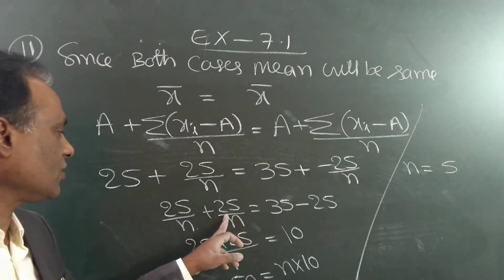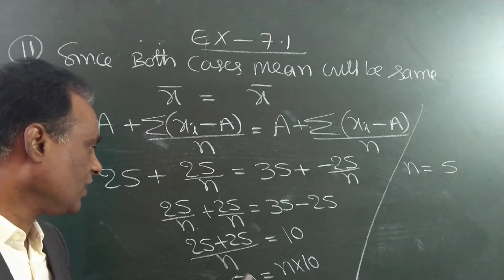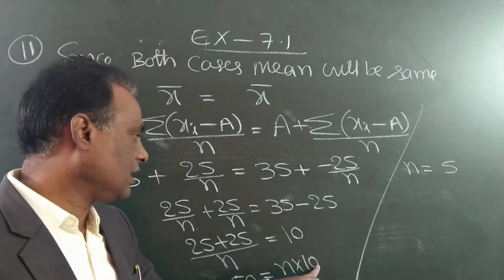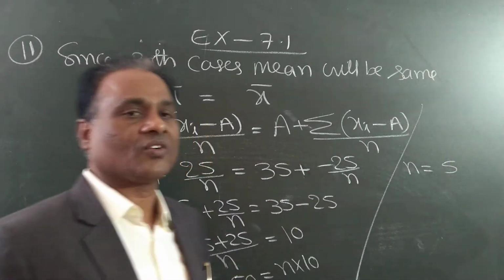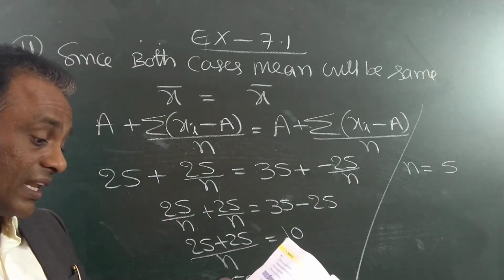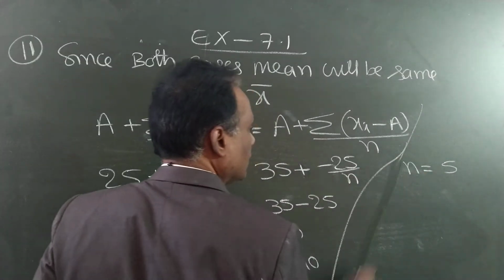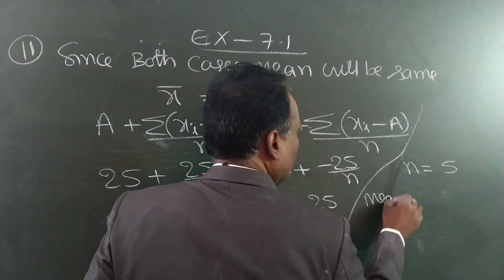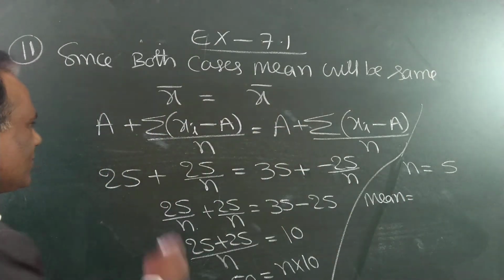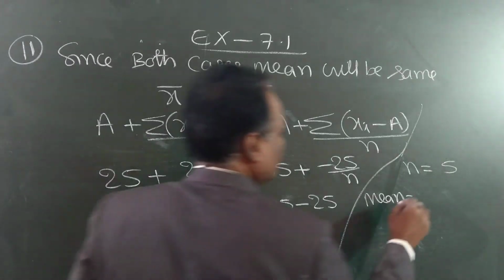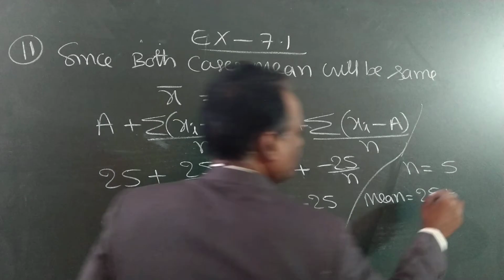N is equal to 5. The question is not n. Find the mean. See here students, don't write. Let us complete it. Mean is equal to, you can take this one or this one, any one you will get the answer. So mean is equal to 25 plus 25 by n.